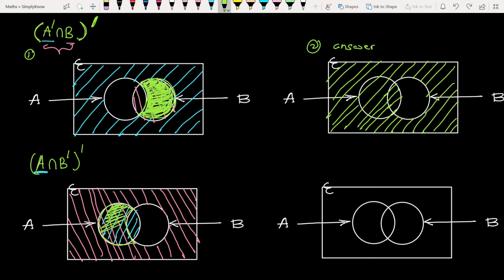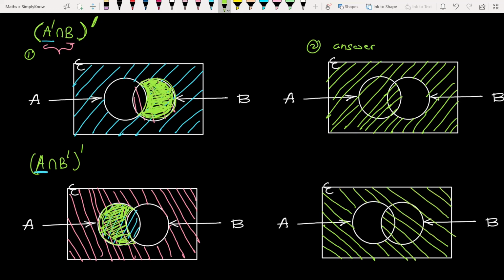It's this area, right? Now, is this our answer? No, because we need to obtain the complement of this area. So it should be the opposite. So I'm going to shade everywhere except that region. So this is our final answer.